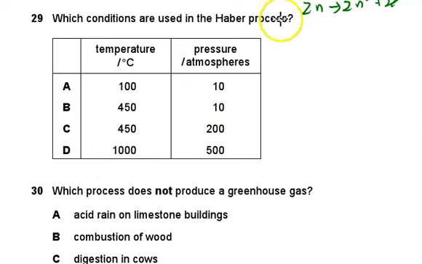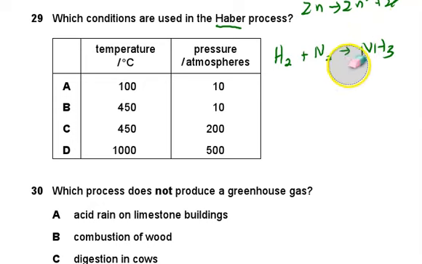Okay, the Haber process is to produce ammonia. So this is ammonia. This one is a reversible process, where they will have quite high pressure over here.